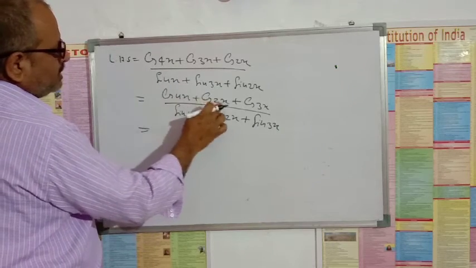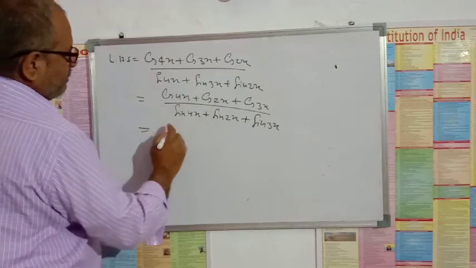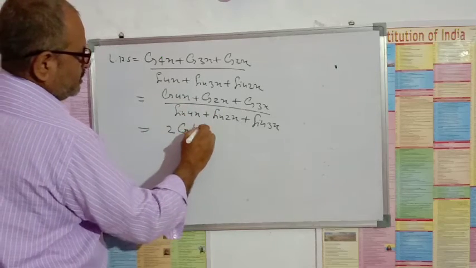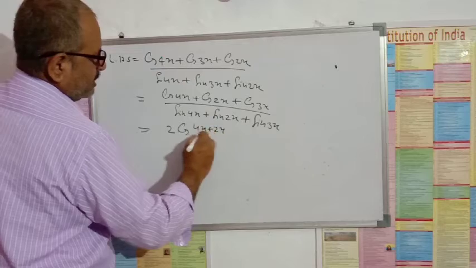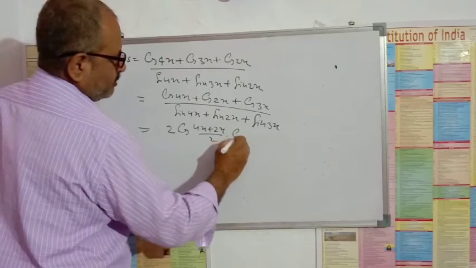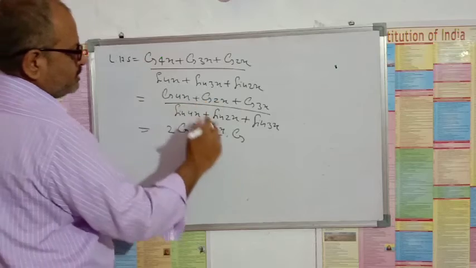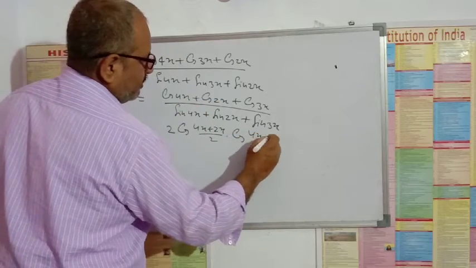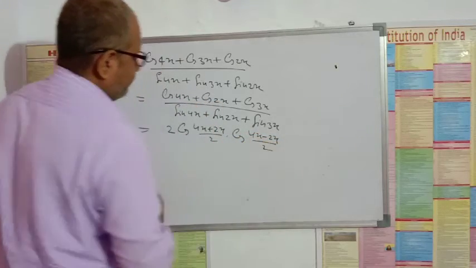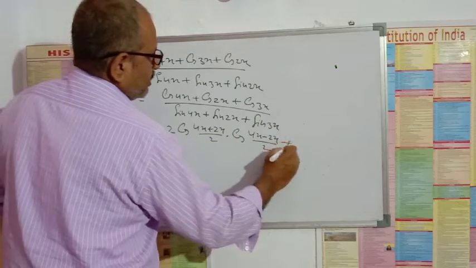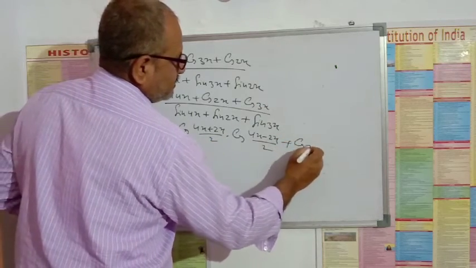Here we will apply cos A plus cos B, which is 2 cos (A plus B)/2 into cos (A minus B)/2. A is 4x and B is 2x, so 2 cos (4x plus 2x)/2 into cos (4x minus 2x)/2, plus cos 3x.